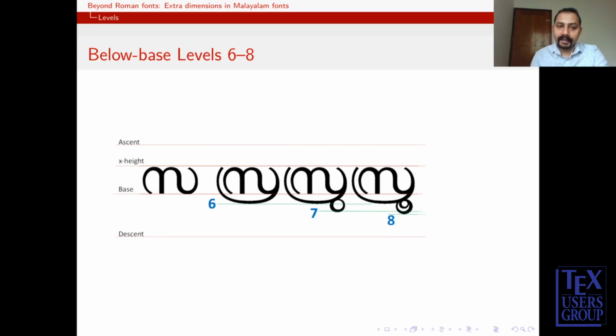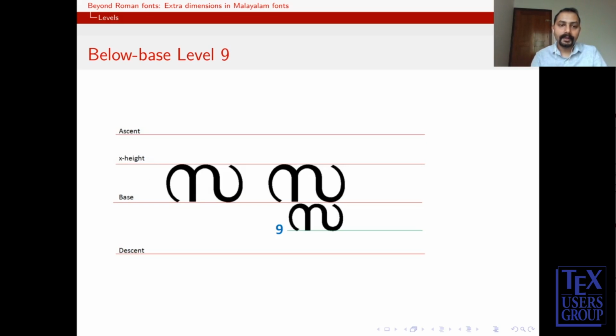So the base character, the first character that you see, is sa, that forms sra, sru and sru when it is combined with other conjuncts, consonants and vowels. Below base level 9 has an example of sa with double sa.